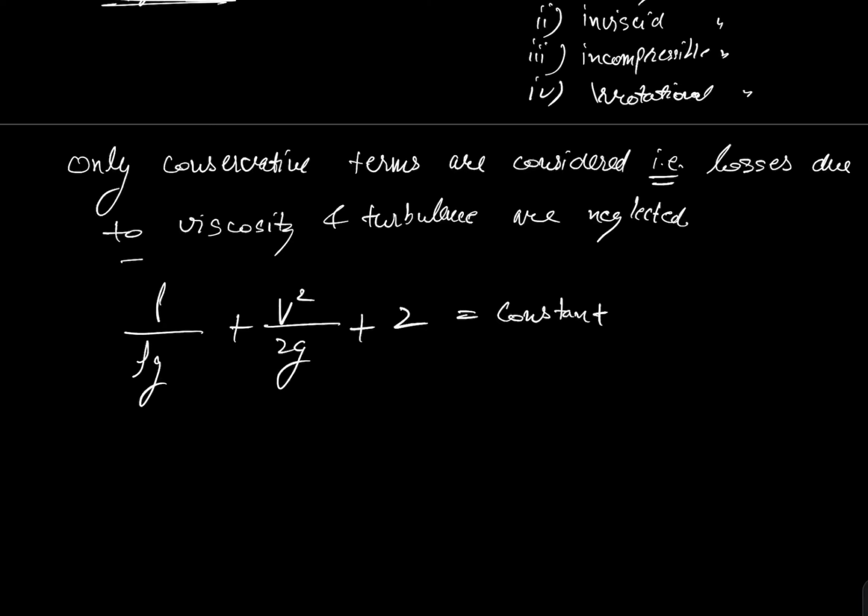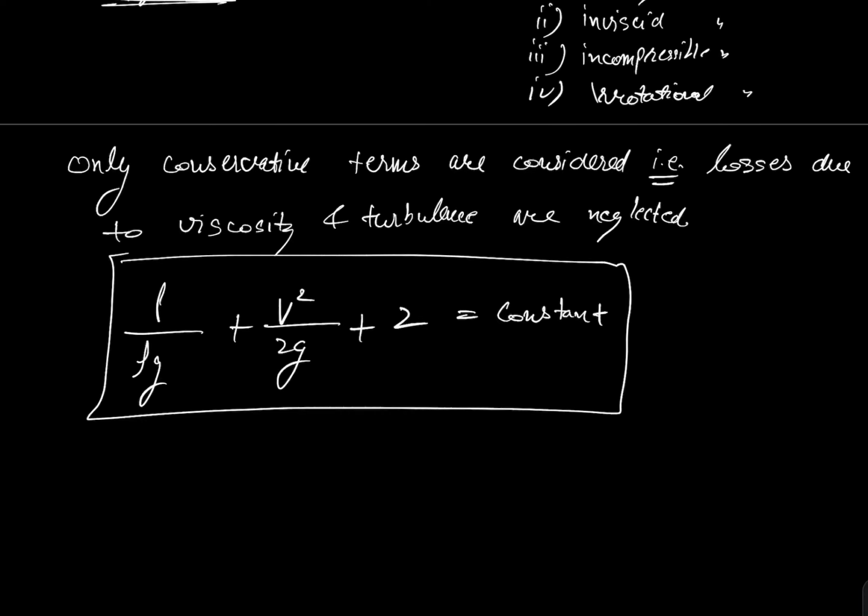This is more significant. It gives us more idea about what is happening. What is the unit of each element of this equation? Basically it is meter, that is, this has energy per unit weight.